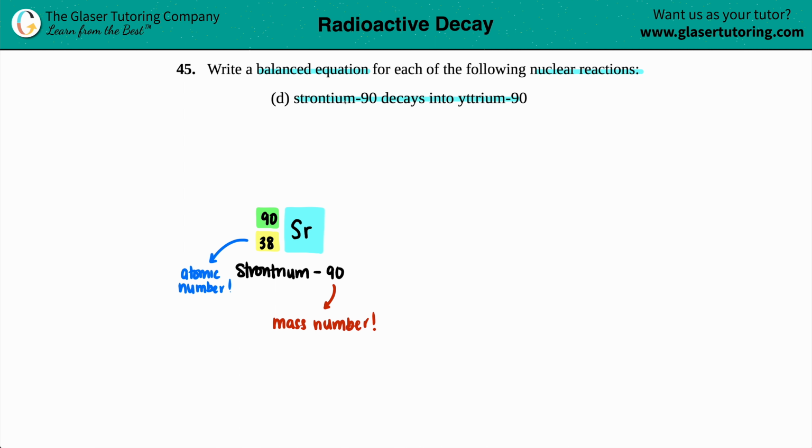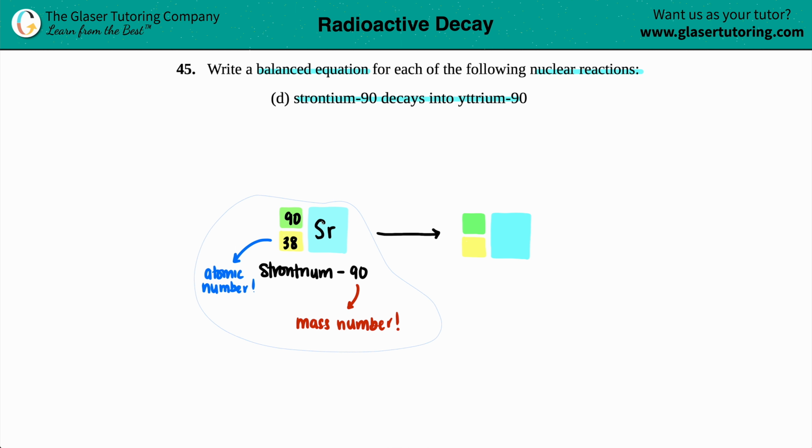Now, we know that strontium-90 is going to decay into yttrium. So I know that yttrium is going to be a product because we're decaying. So let's write out what yttrium looks like. Now we have yttrium-90.